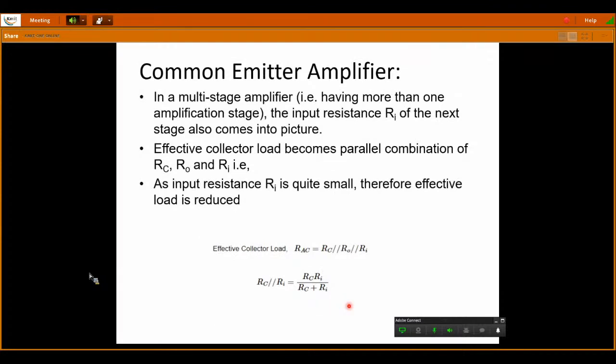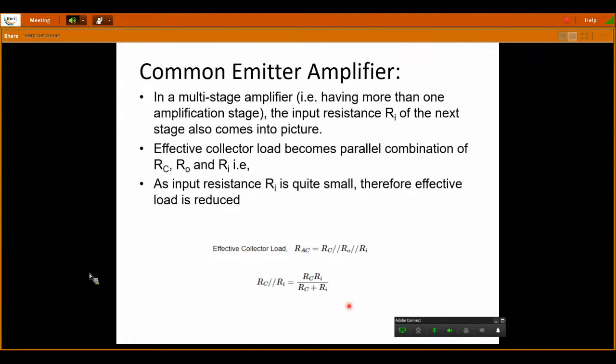Next, in multi-stage, if I am connecting more than one stage in order to get more amplification of voltage magnitude, we have to couple one more stage as the second stage, the same type of CE amplifier I am taking. Now, in a multi-stage amplifier, the effective load resistor is calculated by including the input resistance of the second stage.